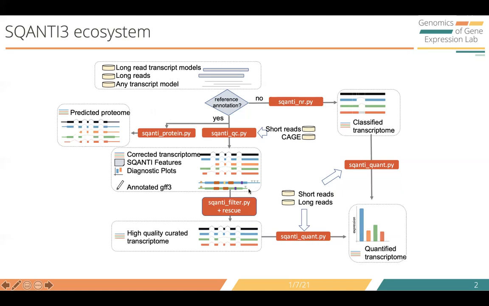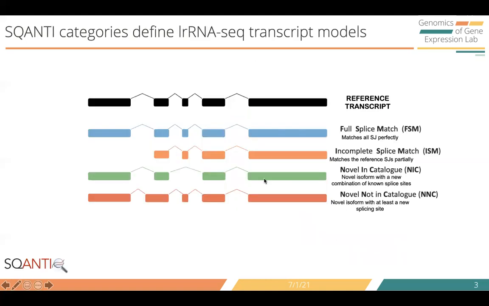Once transcripts are characterized, this information is used by the machine learning tool to differentiate true transcripts from artifacts that are frequent in this data and curate your transcriptome, which then can be used to map back the long or short reads and obtain quantification values. Due to time constraints, I will only talk today about new features, machine learning, and SQANTI without a reference.